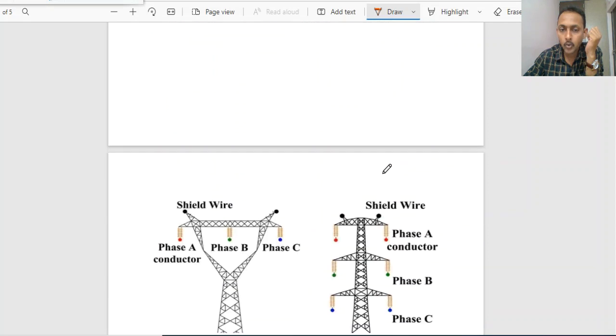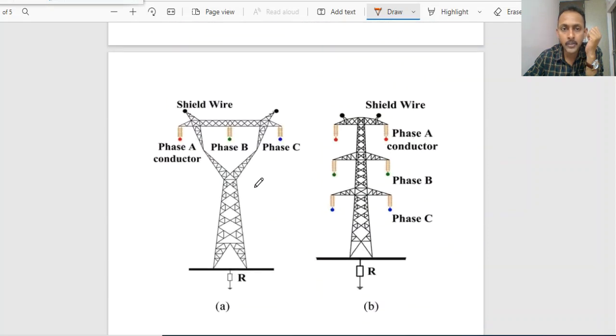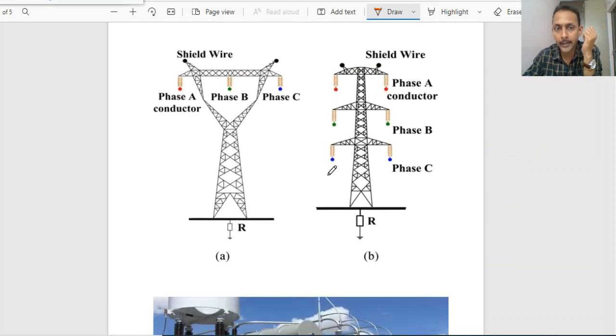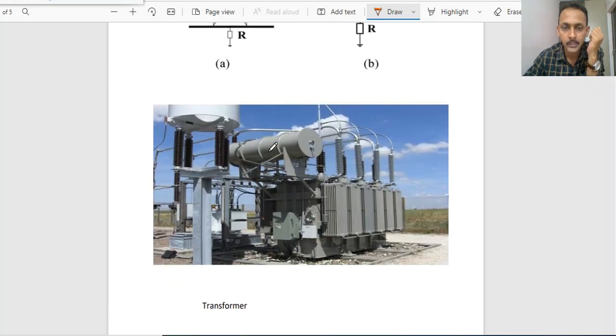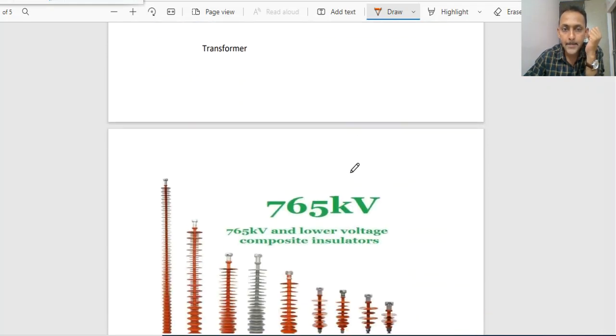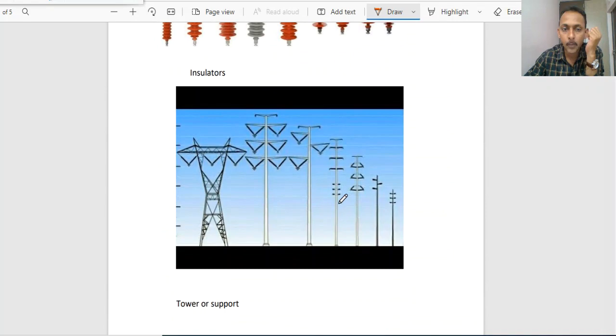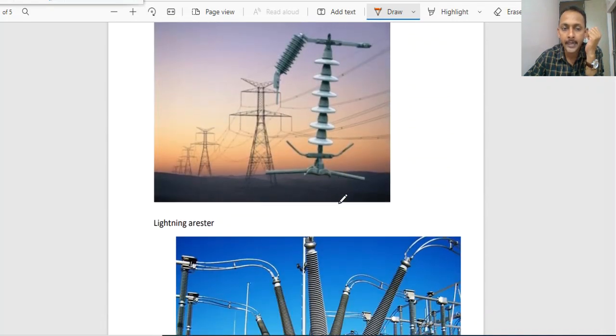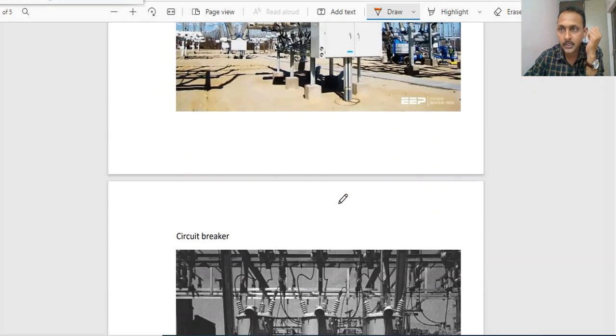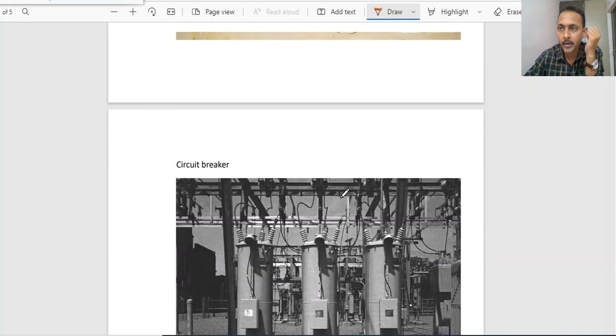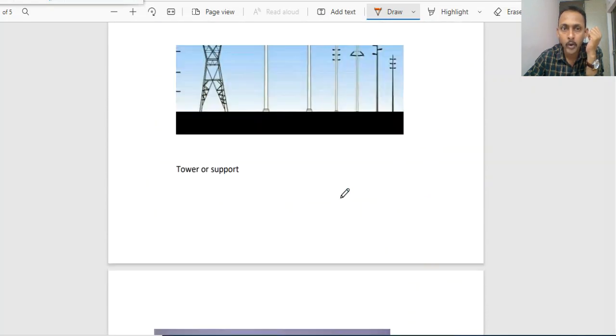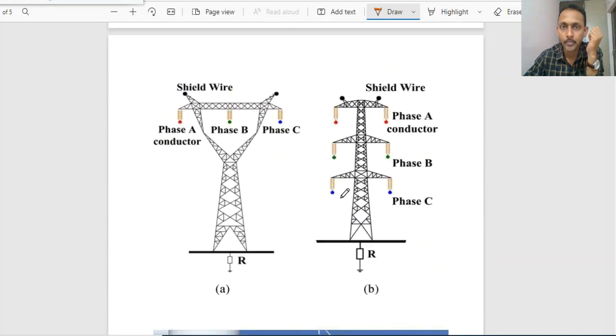We will also show you some physical components, how they look: transmission towers, transformers, insulators, supporting towers, lightning arresters, SF6 circuit breakers, and voltage regulators. All those things we are going to discuss in this video.